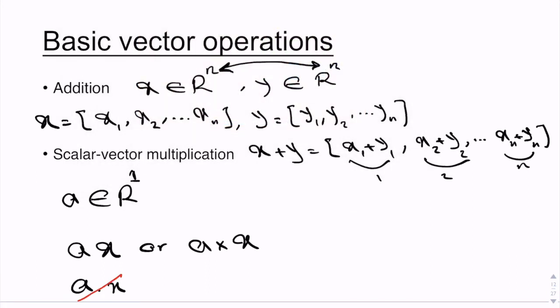So a times x is equal to ax1, ax2, ..., axn. That means the scalar is multiplied by the individual elements of the vector. It's very straightforward, nothing very special.